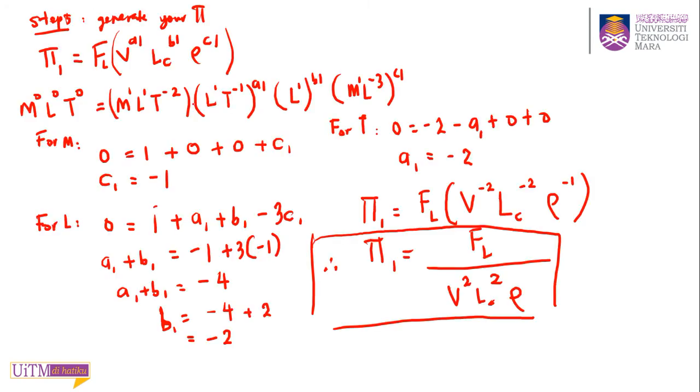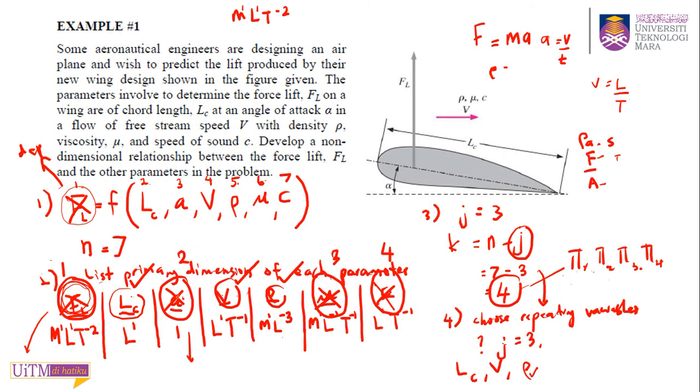So you will do it for pi 2 next. So pi 2, okay. We have now used the F L. After this we use the alpha.